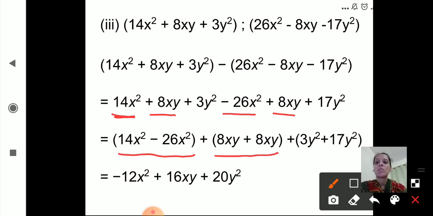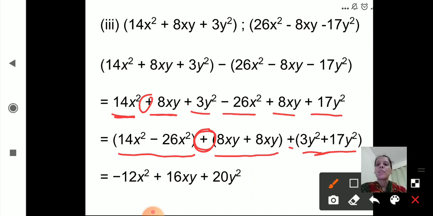In between we write a plus sign, because the sign for 8xy is plus. Now the next is plus 3y square and plus 17y square. So we have written all the like terms in brackets together.